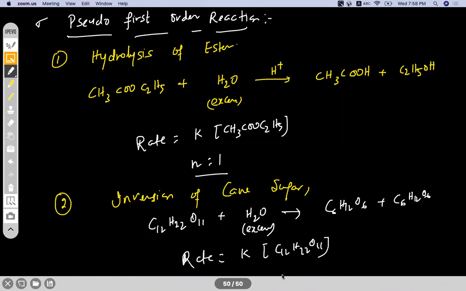And then a few topics we are left with, that is reversible reaction and parallel reaction, and then we'll go to the second part, that is mechanism of the reaction, and what idea we'll have from the mechanism of reaction. These things will continue in the next class. Okay. Last example is metabolism of hormones in human bodies.